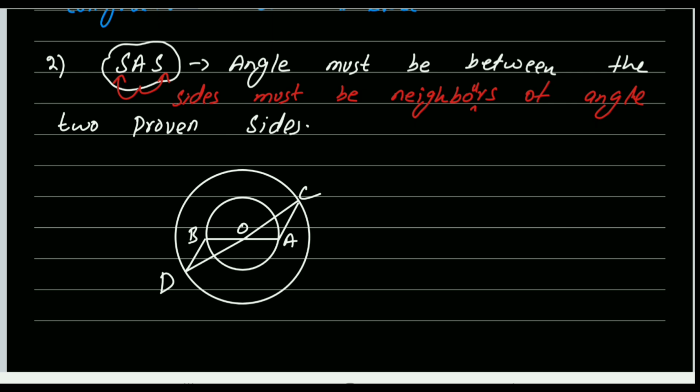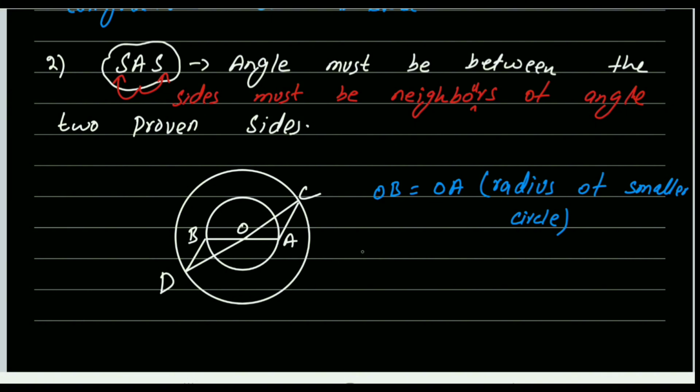We have to write the reasons as well. First of all we will write that OB is equal to OA. Reason: they are radii of the smaller circle. Radii of a circle are equal.